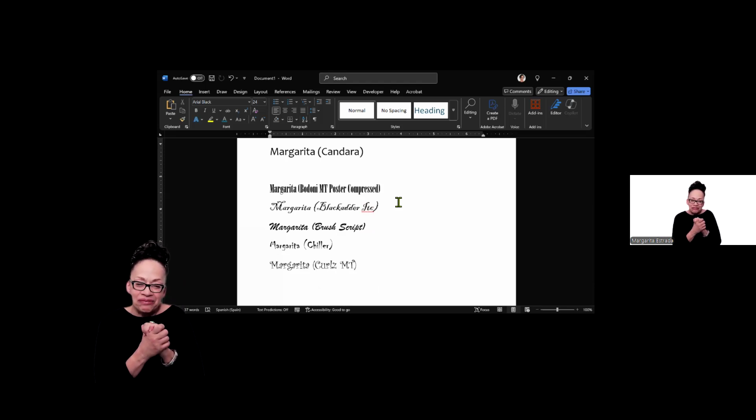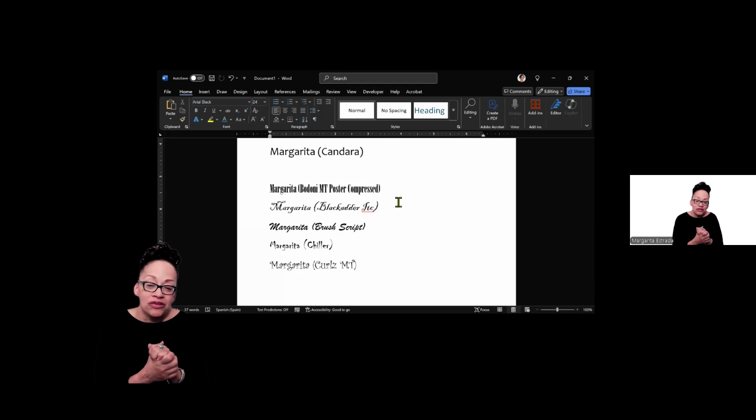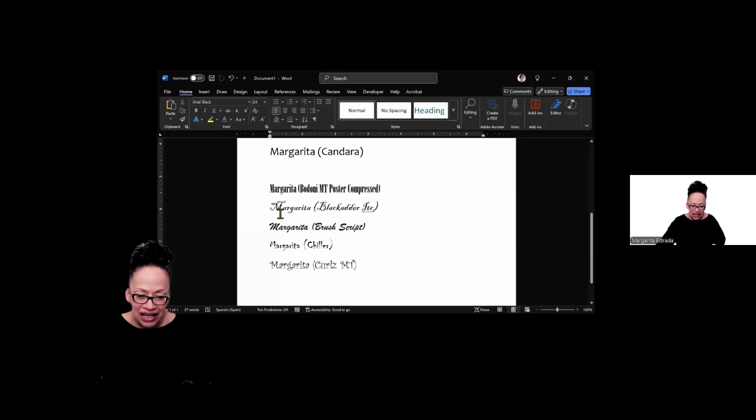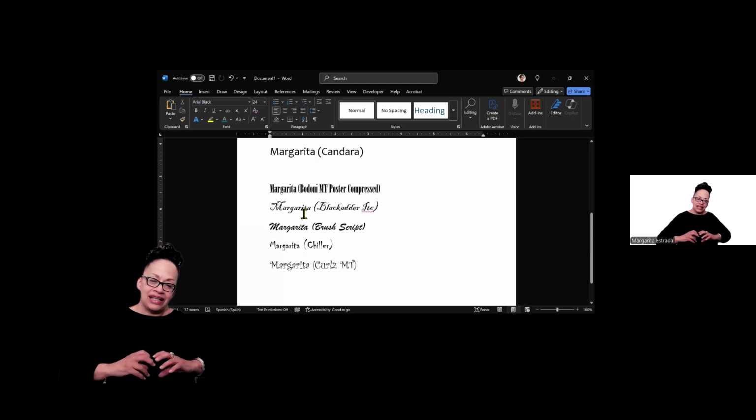So it creates that mood of tightness. The next one is Blackadder, and that's used for mystery movies. I've seen this font in a lot of horror movies and things like that. And as you can see, my name here indicates mystery and so on.